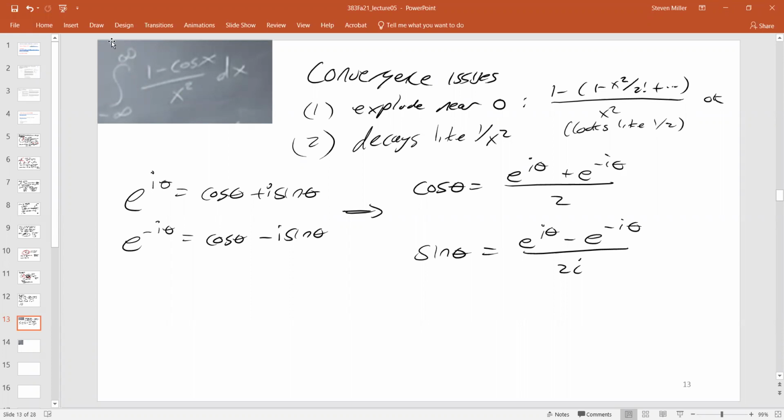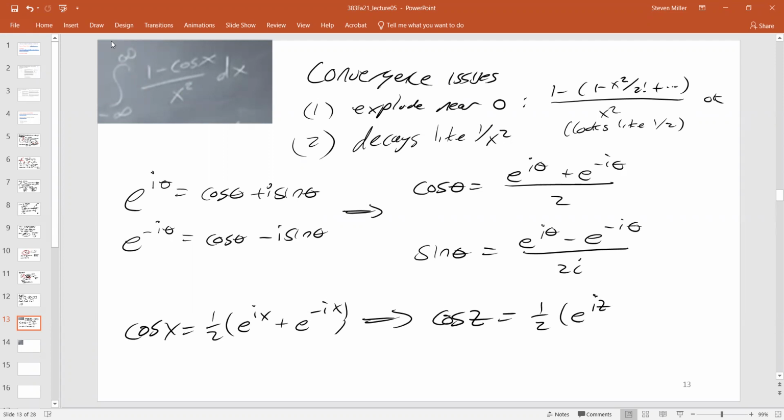And so if I give you a cosine of x, I can replace that as an exponential. So I can do cosine of x is 1/2 times e to the ix plus e to the minus ix. So the complexification would be cosine of z is 1/2 times e to the iz plus e to the minus iz.